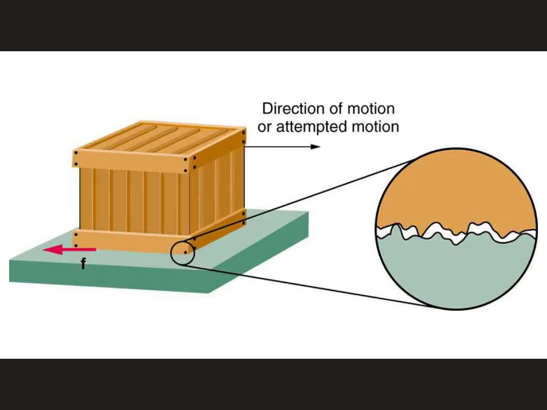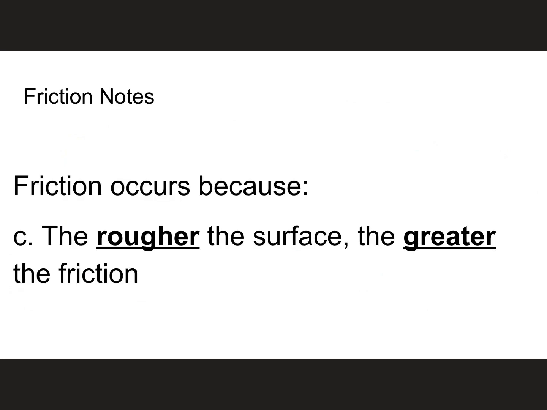So here we can see this box is moving over what looks like smooth ground, but when we use a microscope and we look at the very smallest version we are able to of the box and of the ground, we can see that that's not actually fully flat. It's not fully a smooth surface, and so friction is created. The rougher the surface, the greater the friction.